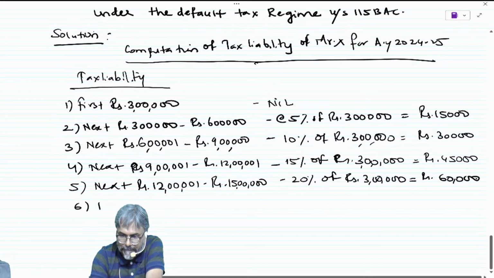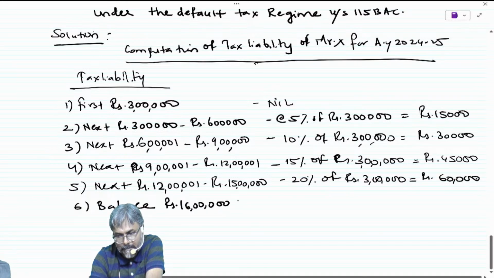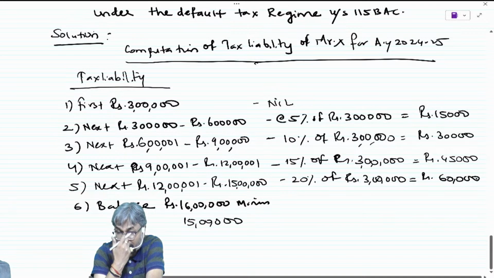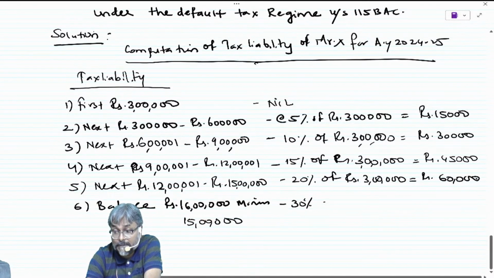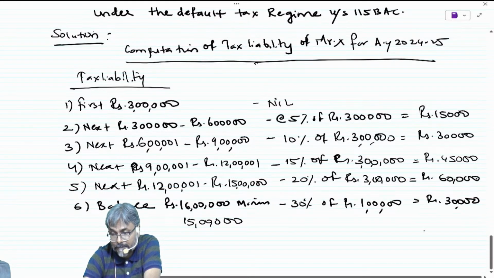And last, balance. How much is balance? Your rupees 16 lakhs minus 15 lakhs. That is the balance, no? Balance is 1 lakh. How much is the rate? 30% of rupees 1 lakh. How did you get? 30,000.